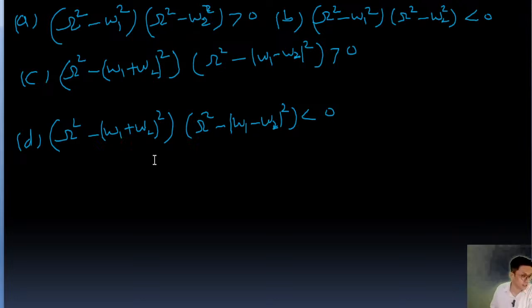Yeah, that's correct, guys. So option A is the correct option, not B. So omega square minus omega 1 square and omega square minus omega 2 square should be greater than 0. Okay, so this is the correct option, option A.